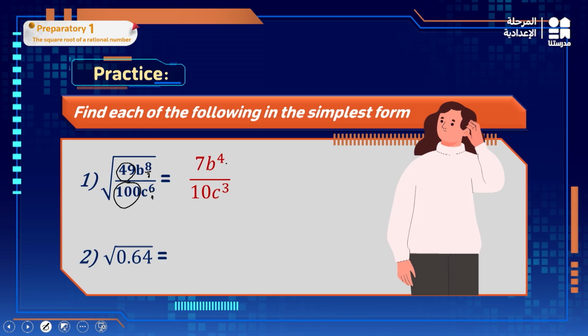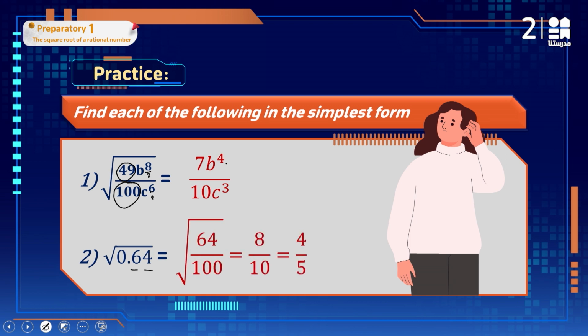Now, we have another one. The square root of 0.64. Let me ask you, how many decimal places are there here? There are 2 decimal places. So we are going to rewrite it as 64 over 100. I said it in the beginning of the session.